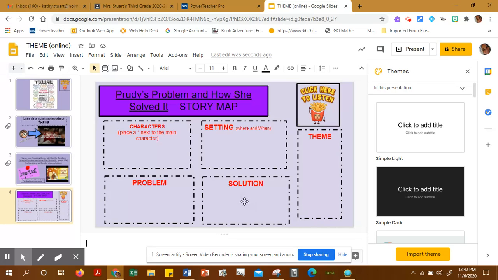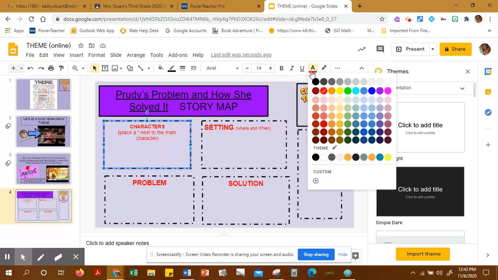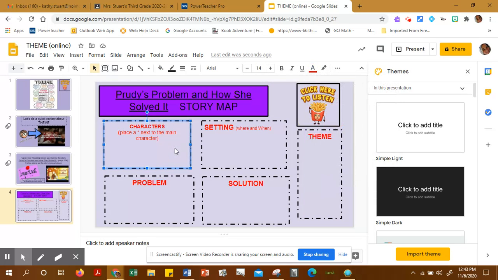Let's go ahead and look at our characters for Prudy's problem and how she solved it. We actually have a lot of characters, but we really want to focus on just the characters that we see the most. So yes, I understand we had a turtle and a mouse, but those are very secondary characters that we only really saw in the illustrations.